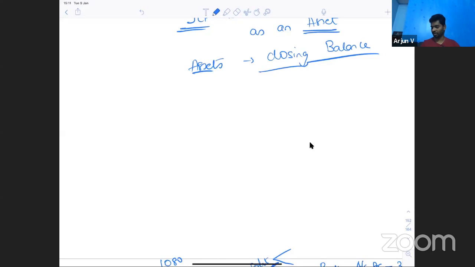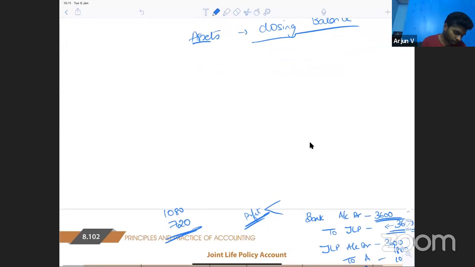Now remember this, whenever JLP is treated as an asset, your closing balance of the asset should be equal to the surrender value.